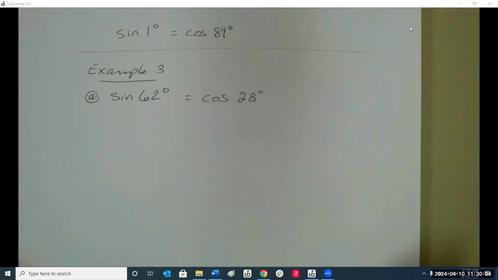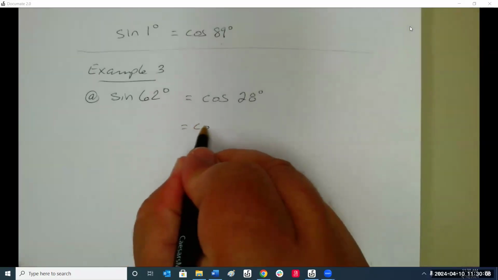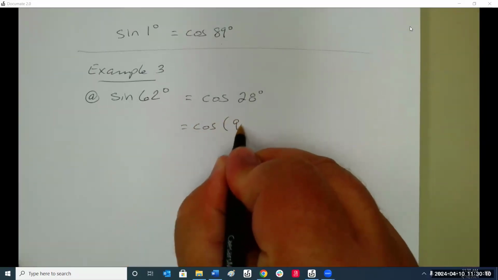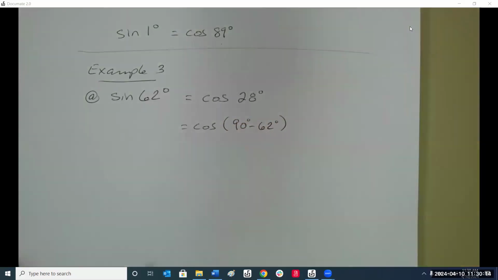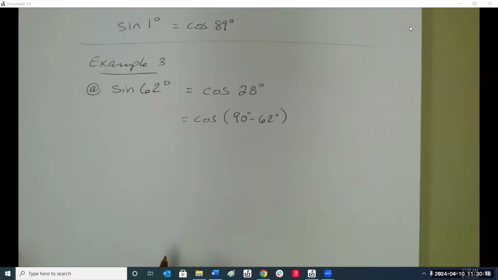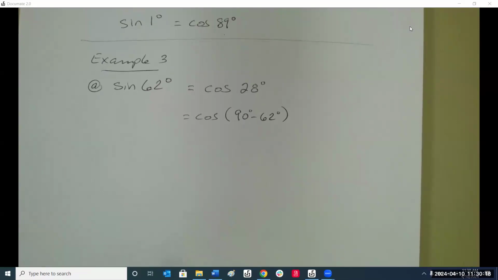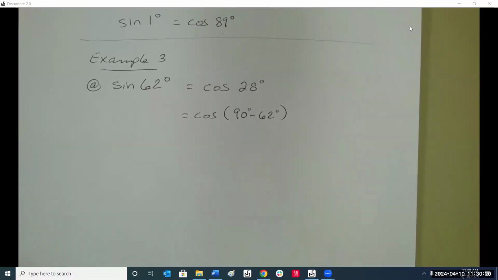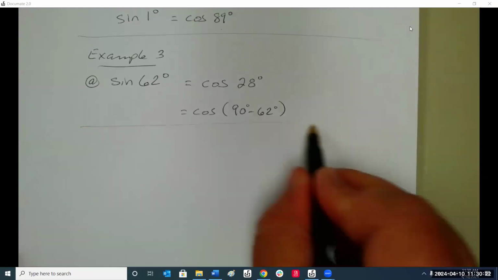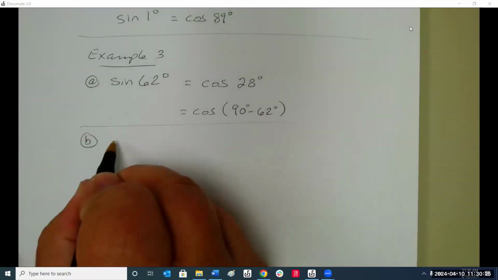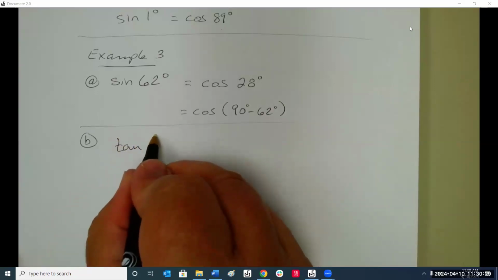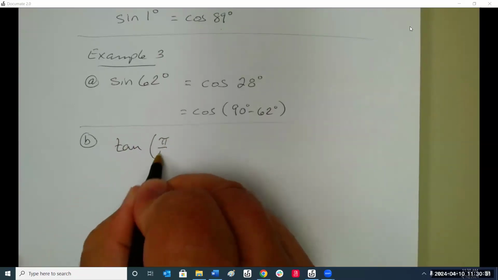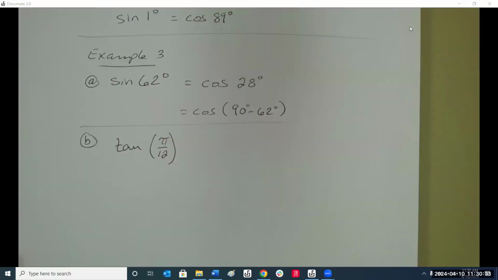How'd you get 28? 90 minus 62. How about the tangent of pi over 12?